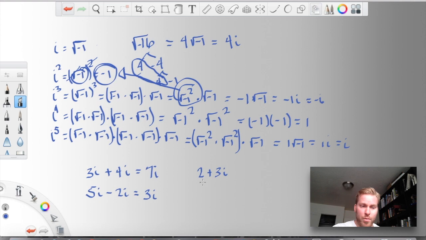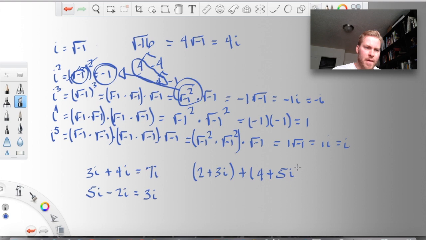So I've got my real number portion right here, 2, and my imaginary portion right here, which is 3i. And I could add that whole thing, so let's put parentheses around that so we can identify our complex number here, and add that to 4 plus, I don't know, 5i, all right?